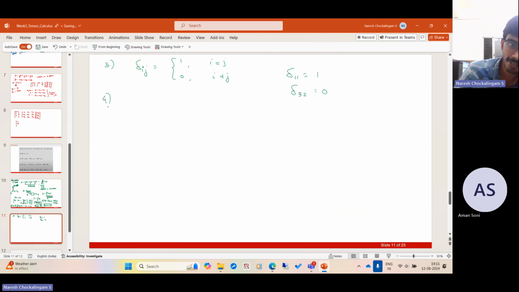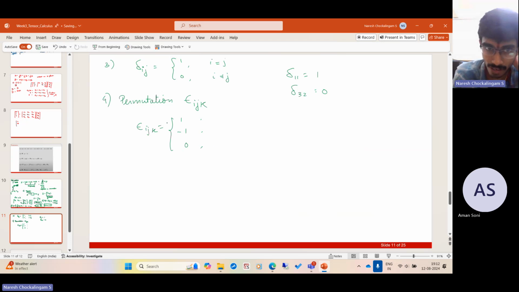Then we also looked at another special operator called the Levi-Civita symbol or the permutation symbol. And this one has got three indices, epsilon ijk, and this can take values 1, -1, and 0, depending on what these three indices are.